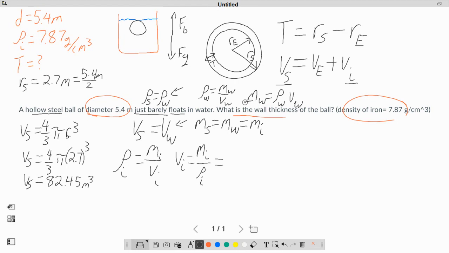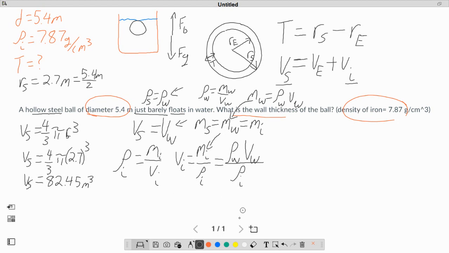I'm going to plug that in here, which I can then plug in there, right? So we have the density of water times the volume of the water divided by the density of iron, which should give me my volume of iron.